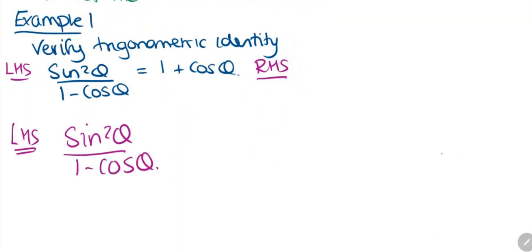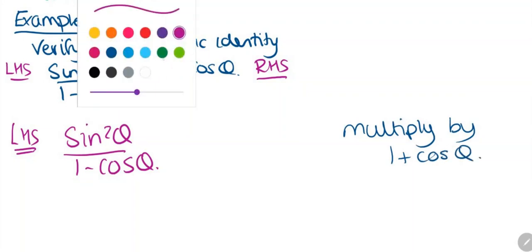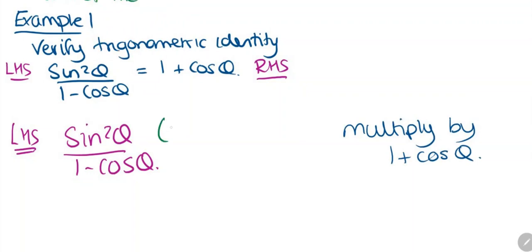So the first thing I can do is multiply the numerator and the denominator by 1 plus cos theta. So if I do that, I'm going to multiply 1 plus cos theta and 1 plus cosine theta.